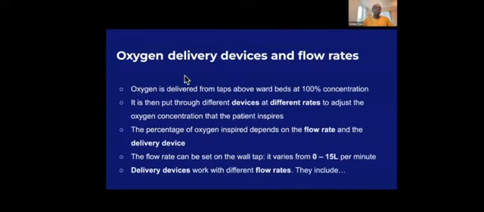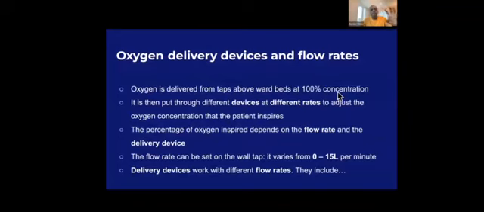Next we'll look at oxygen delivery devices and the flow rate. This is what we need to understand. Oxygen is delivered from taps above the ward beds at 100% concentration.